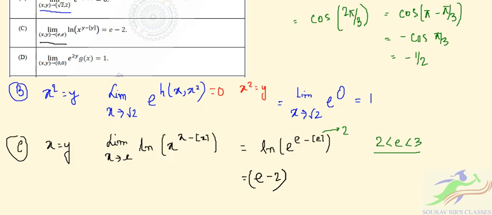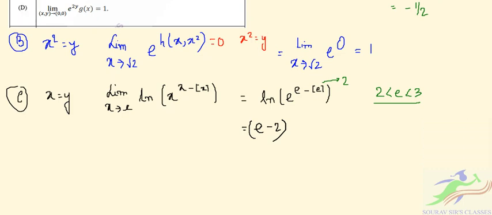Now check with option D. So we have the limit as (x, y) tends to 0 of e to the power 2y g(x) is equal to 1. So here also x equal to y, so limit x tends to 0, we can write this as e to the power 2x g(x).